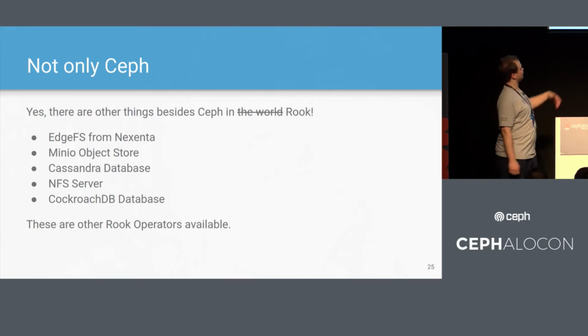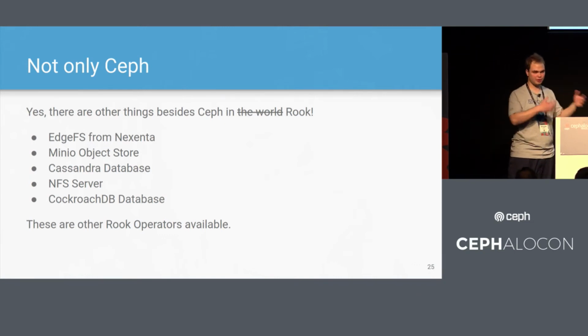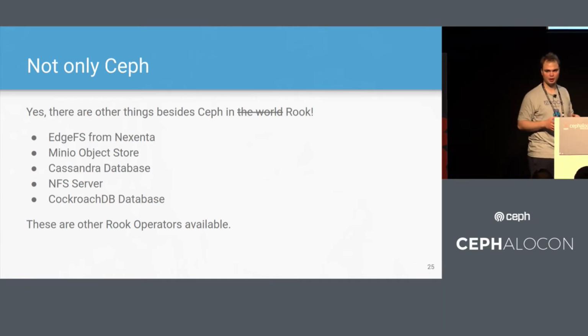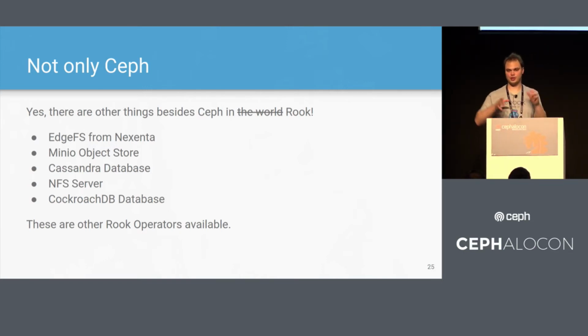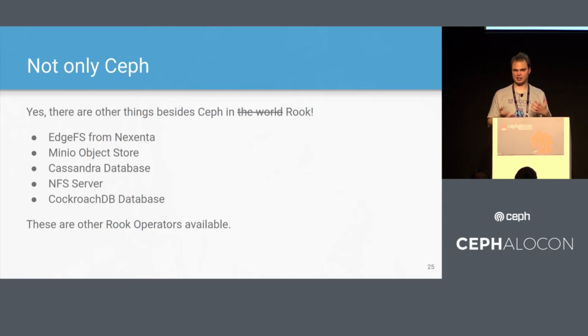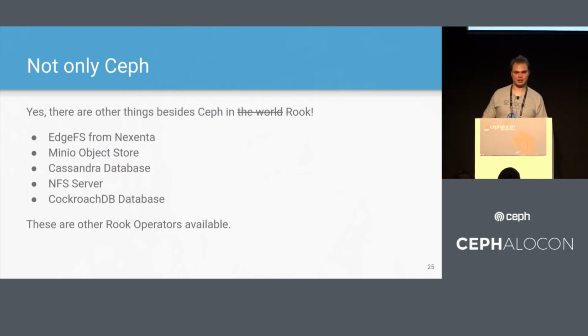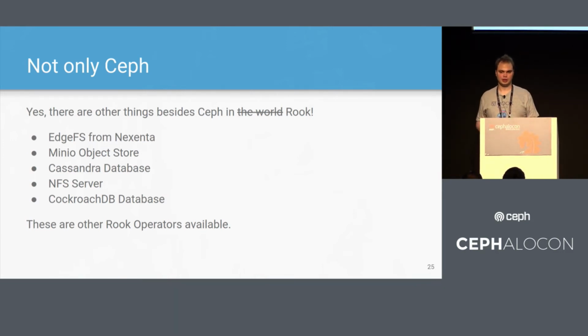If you want to run Cassandra or Minio, you would have a Rook Cassandra operator and so on. So it's not like you deploy Rook and you have everything. It's split so that the people that want Ceph can have their Ceph as they want it, and people that want to run Cassandra can run their Cassandra operator. Or even combine it with a Rook Ceph operator to have a storage cluster there.